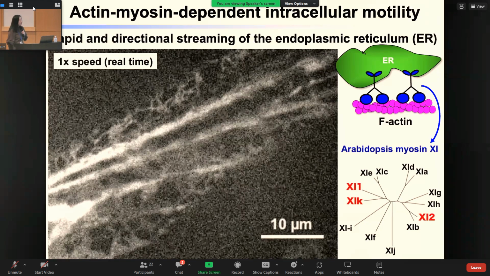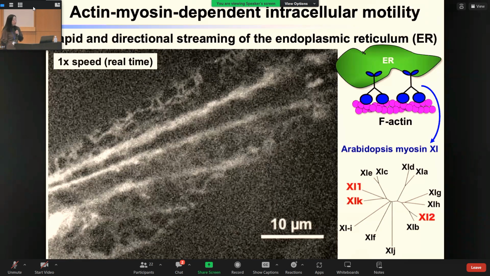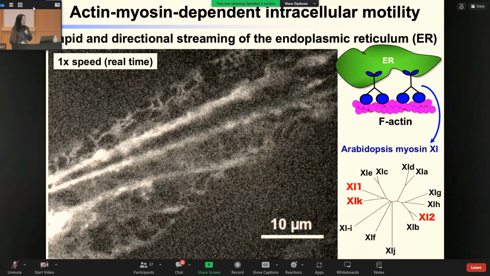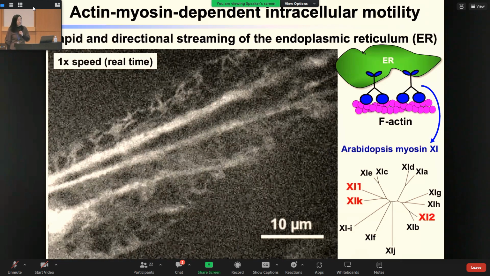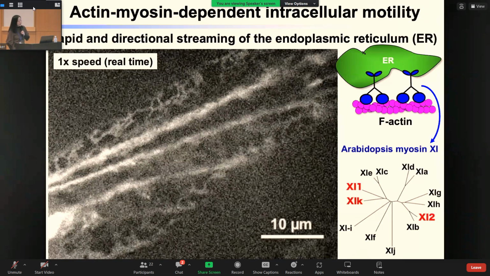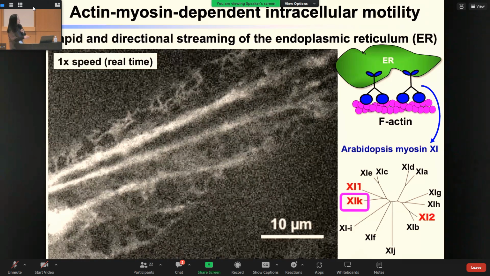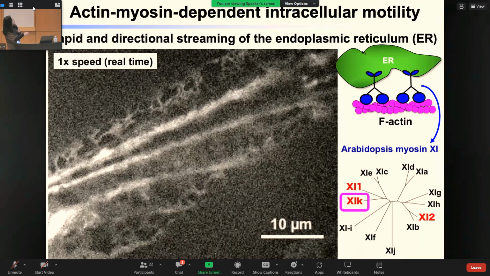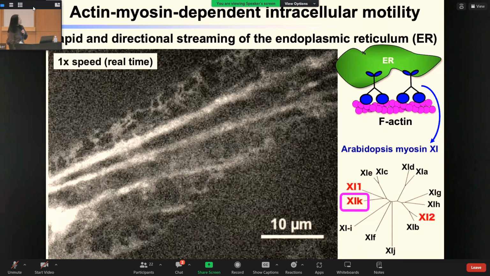This streaming is driven by an actin-myosin cytoskeleton. A class of myosin found in plants is myosin 11, which is a plant-specific class of myosin motors. Among 13 members, we identified 11K as a major contributor to the ER streaming in vegetative organs.